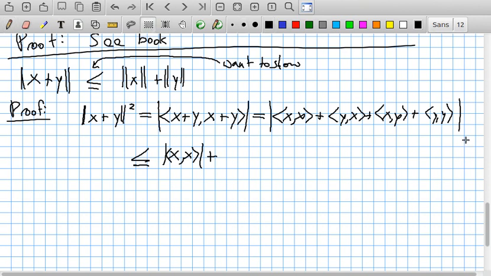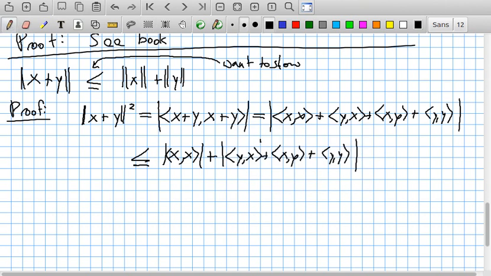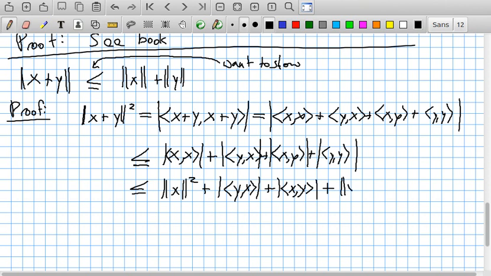Sometimes I forget I'm on a tablet. So we'll just add some absolute value bars everywhere. Okay, and let's write down the definitions of these. That's this one here. We'll hold off on this one for a moment. And there's y squared.